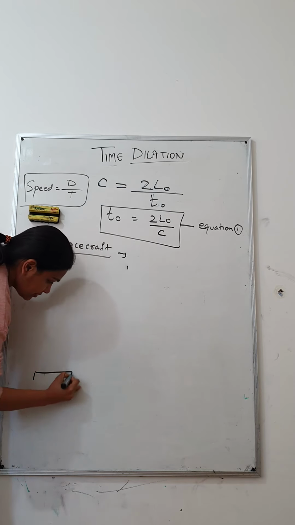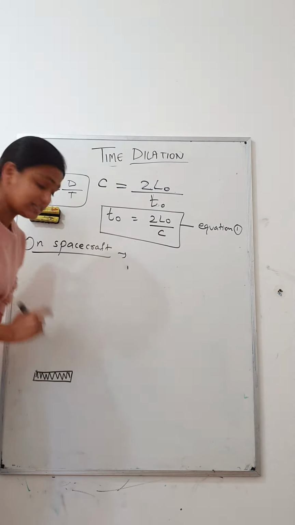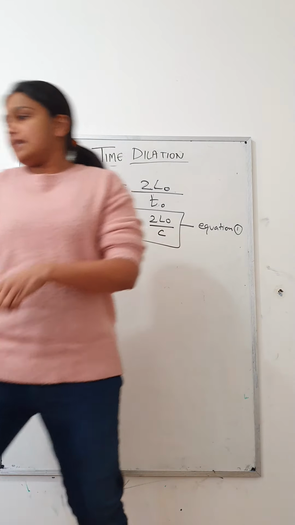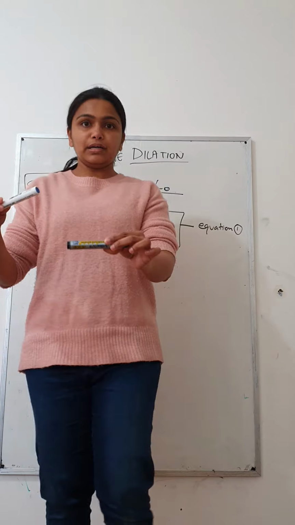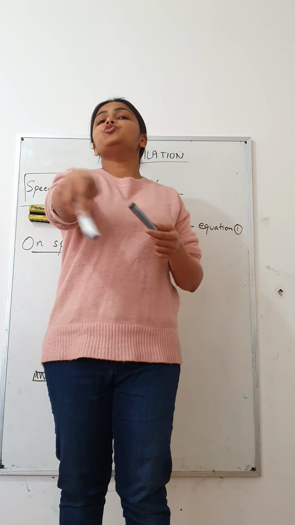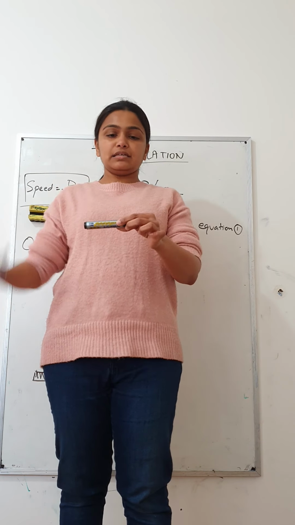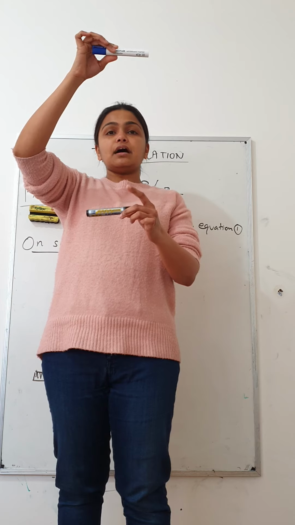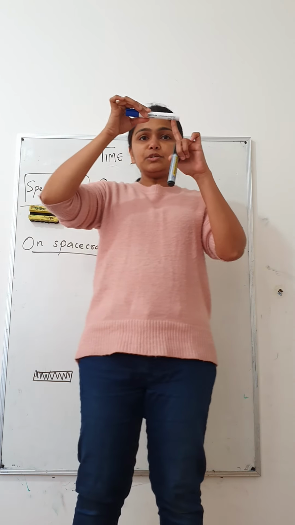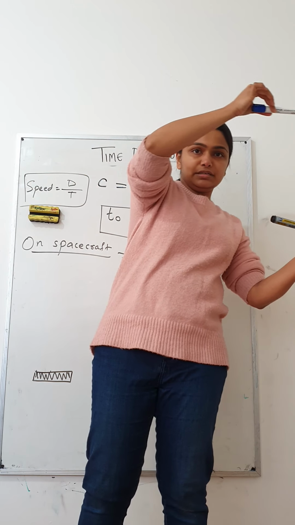Let's see, this is mirror 1. I'm making it shaded for a reason. Now I have here mirror 1 and this is mirror 2. I am in the spacecraft, and you are on the ground observing me going very fast. When the light starts from the lower mirror, M1, by the time it reaches M2, this part would have moved forward.